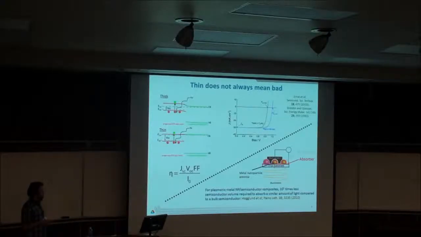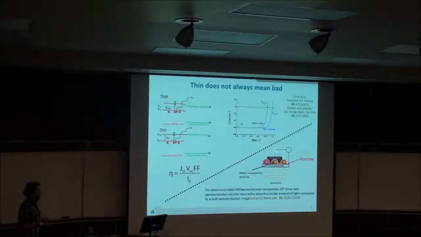And the second example: if you use plasmonic metal antennas covered with a very thin layer of solar cell semiconductor, it was shown in 2010 that using this approach you can cover plasmonic metal nanoparticles with very thin semiconductor layers, and by doing this you can use 1,000 times less semiconductor than you would using just bulk thick layers for effective absorption of light.